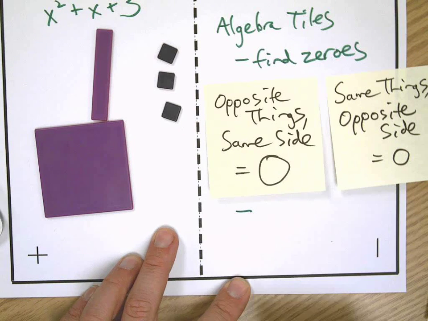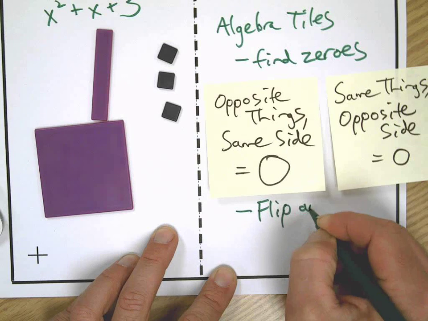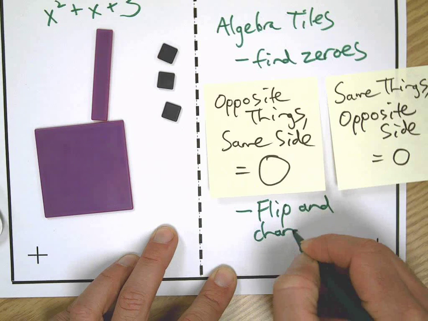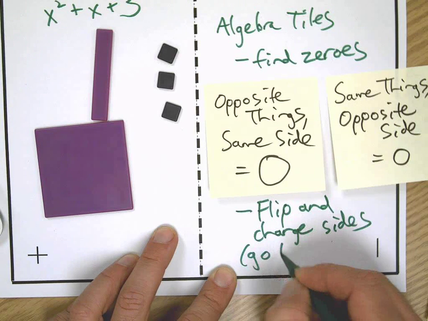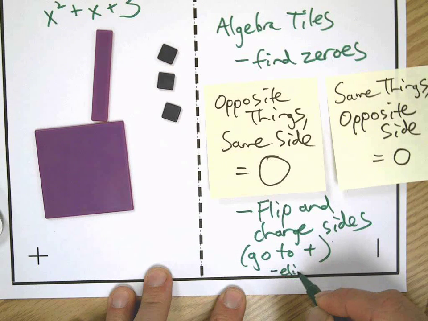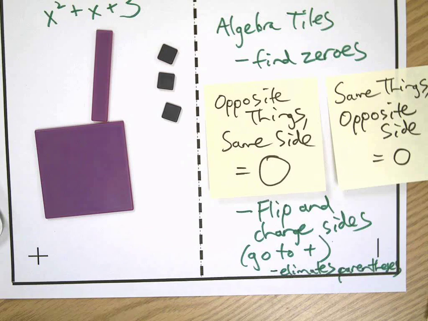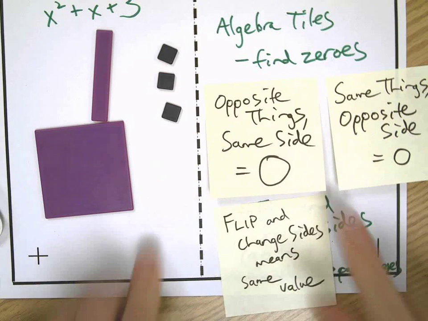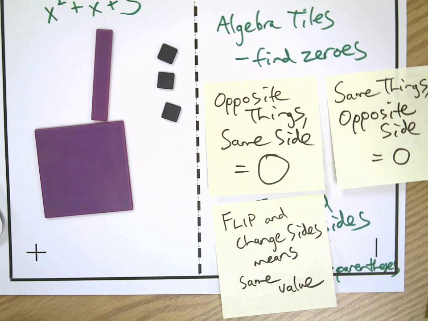Then next step, we're going to flip and change sides. Go to the positive side. Okay? The reason we do that is it eliminates parentheses. Okay? There we go. There are your strategies. Find zeros and then flip and change sides.